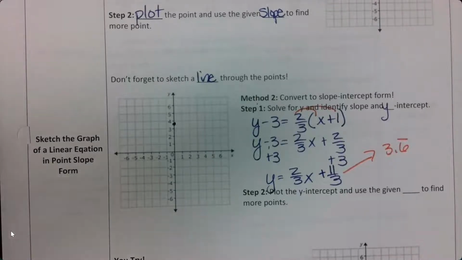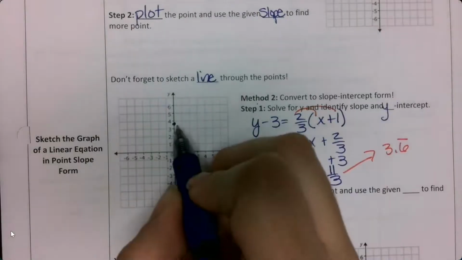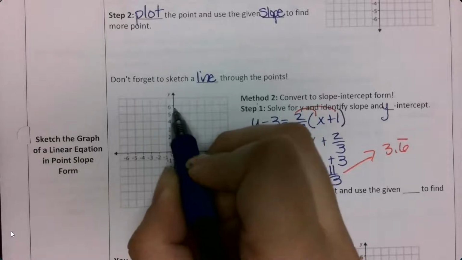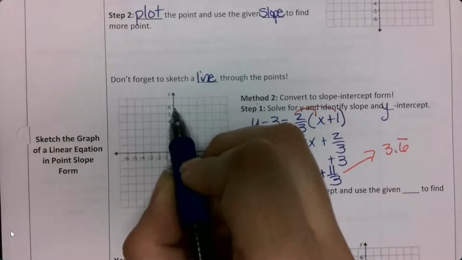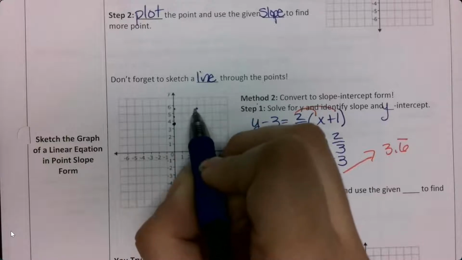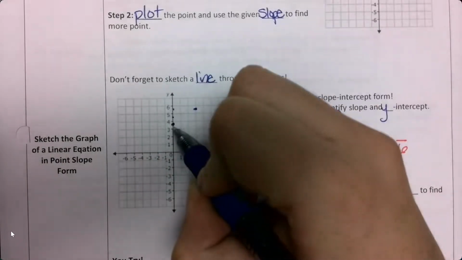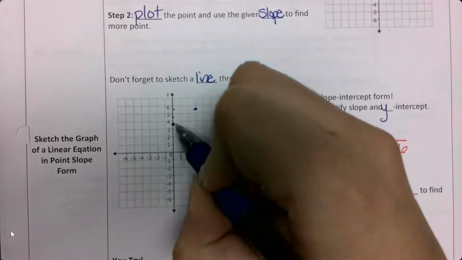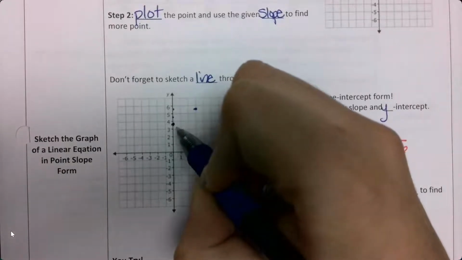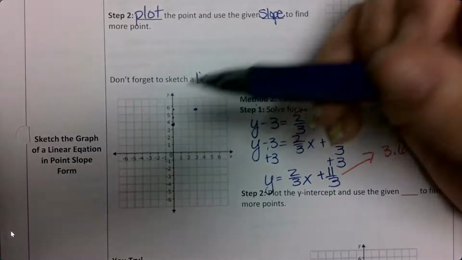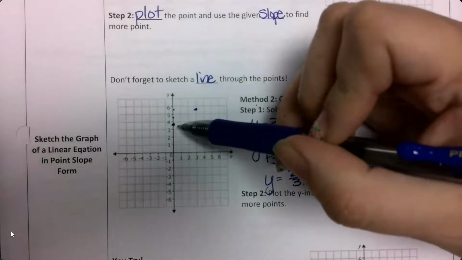And then I want to go up 2 over 3. So, I have to be careful. I'm not exactly on a line, so when I go up 1, I'm in between 2 lines. And then when I go up 2, I'm in between 2 lines. And then I go over 3. So, 3.6 is in between 3 and 4, right?